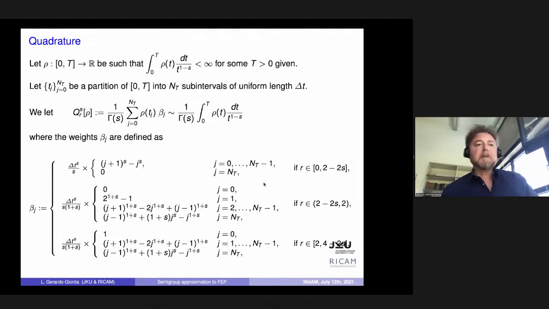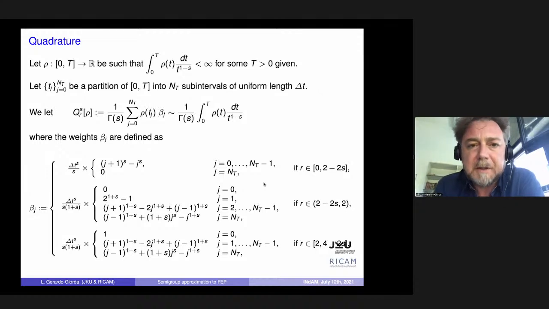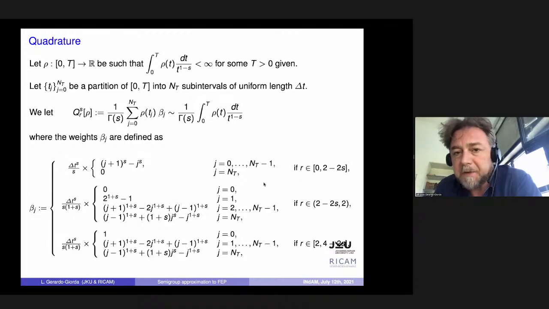In particular, the quadrature rule that we define, if we consider a function such that its integral between 0 and t with respect to the measure dt over t to the 1 minus s is finite for a certain t given and a uniform partition, then we can approximate the integral of 1 over gamma s times the integral written above by a quadrature rule where the weights are defined in this following manner that I will not go through in detail. But there is one thing that I would like to point out.